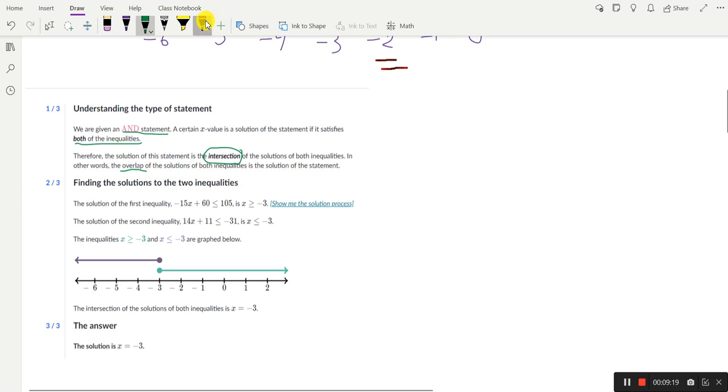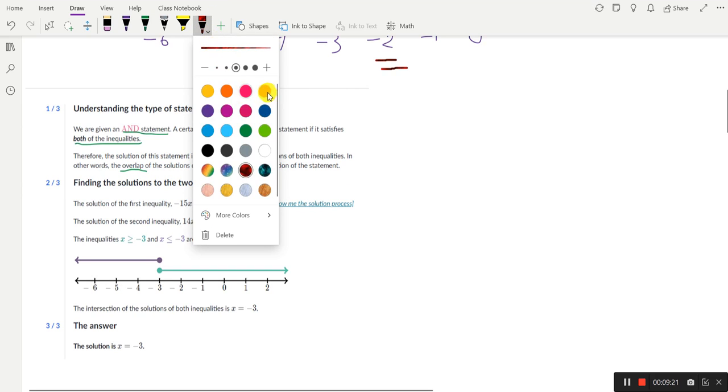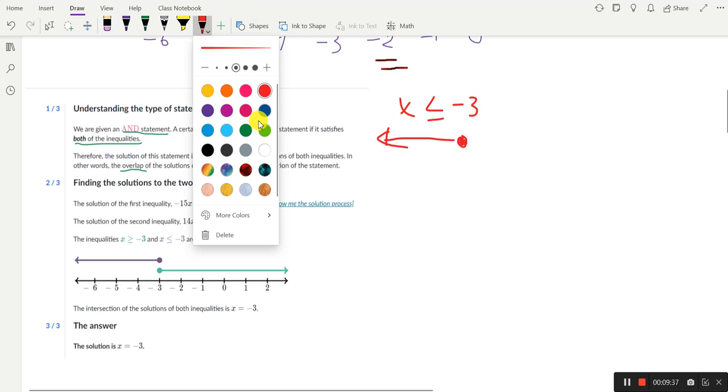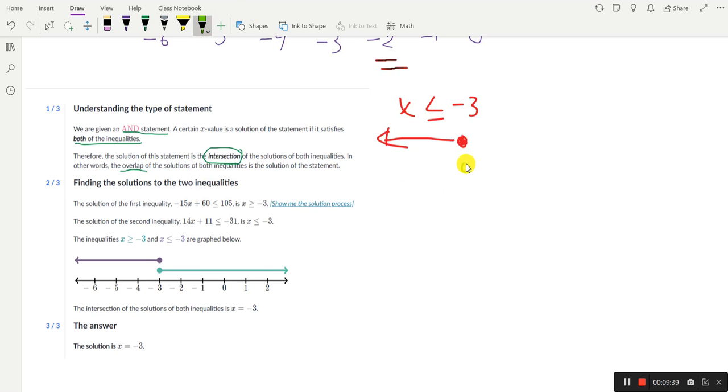Okay, let me draw an overlap so that you understand what an overlap is. If you have your first inequality goes here, and this is x is less than -3, and you have your second inequality go here, and this is x is greater than -3.